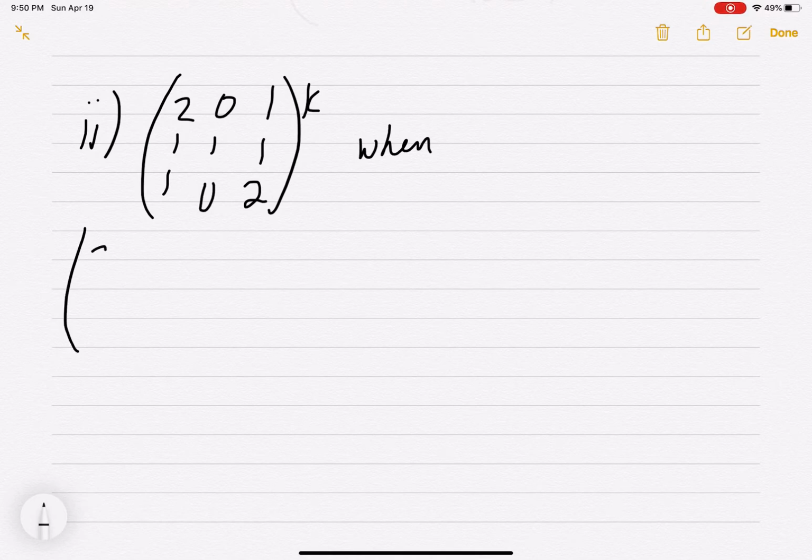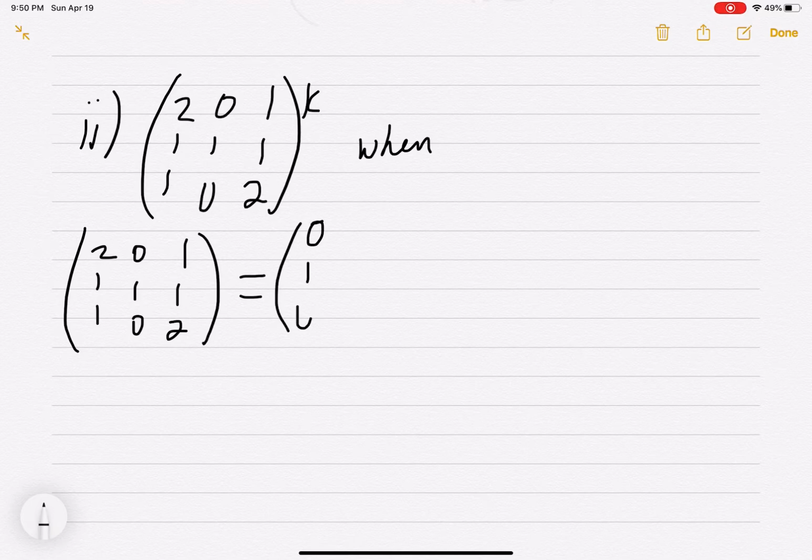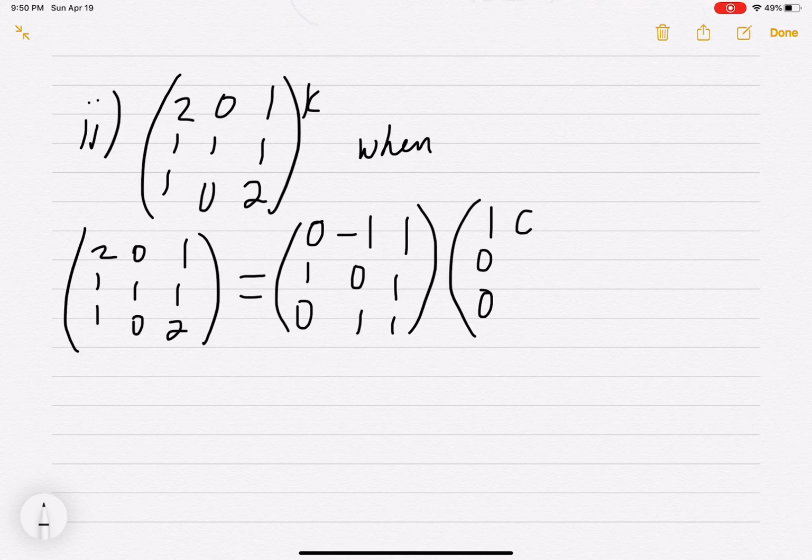When [2, 1, 1; 0, 1, 0; 1, 1, 2] is factored in this diagonalization form: [0, 1, 0; -1, 0, 1; 1, 1, 1], then [1, 0, 0; 0, 1, 0; 0, 0, 3].